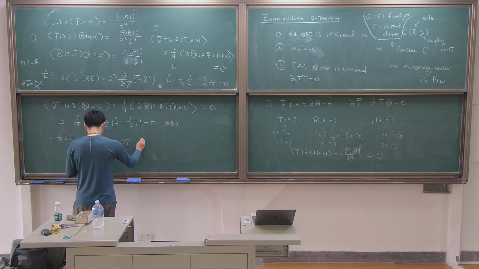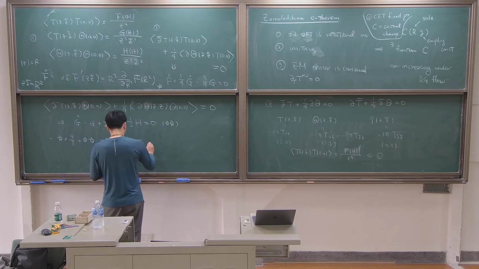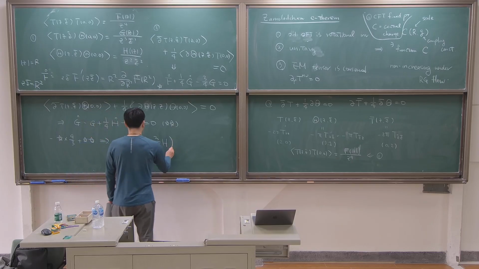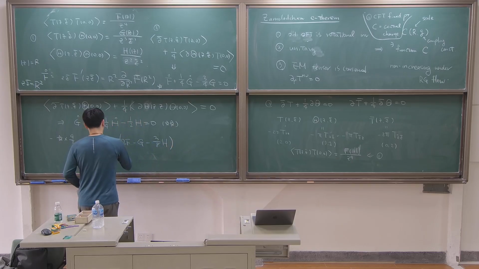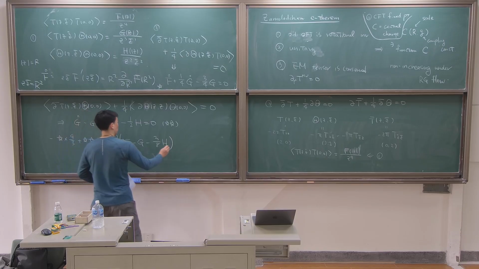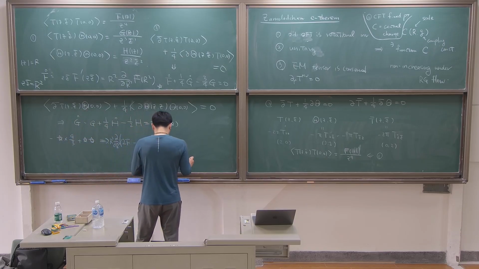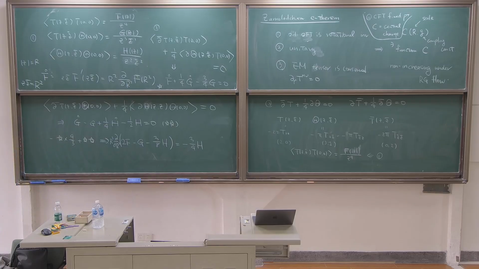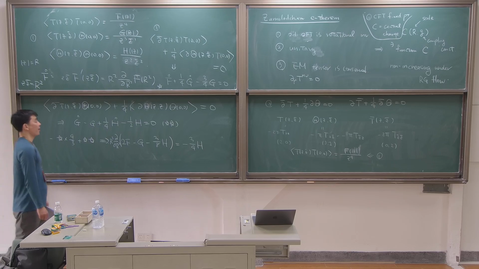2f minus g minus 3 over 8 h is equal to, and then r squared times the derivative with respect to r squared, equal to minus 3 over 4 h. So that's what we get.